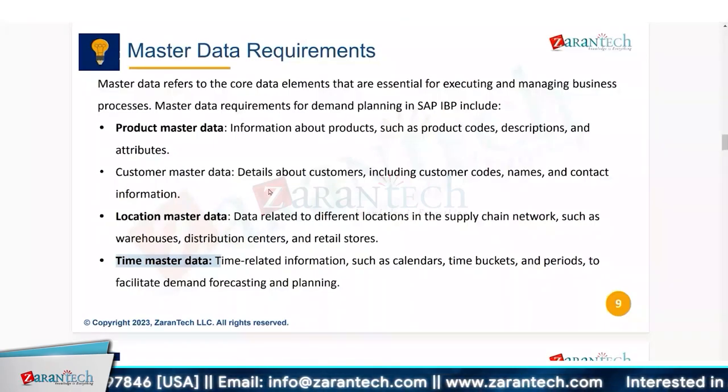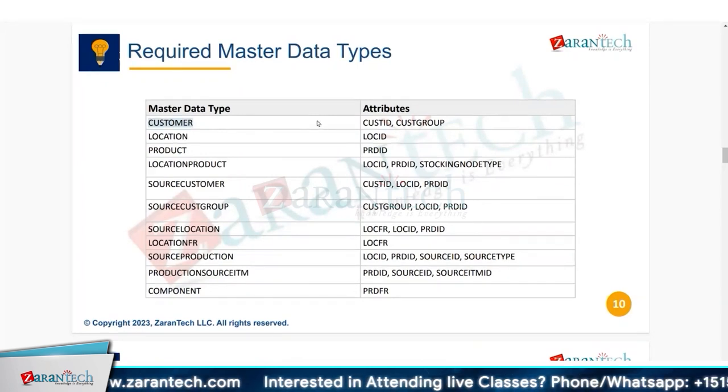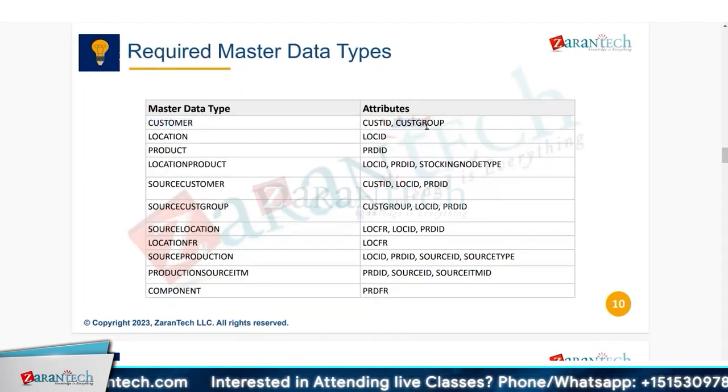Okay, so these are basically the key attributes for the master data. It is important to understand what these attributes are. These are basically driving the IBP process. So for customer, we'll have cust ID and cust group. These are the two main attributes, and they will also be designed based on your requirement.